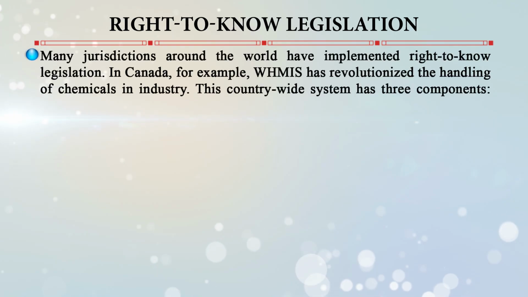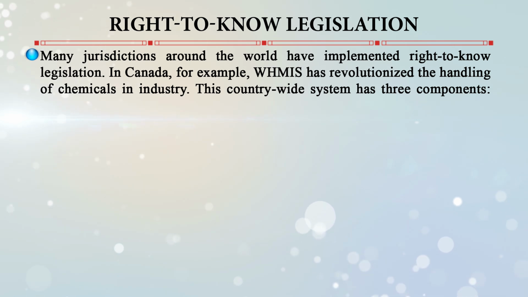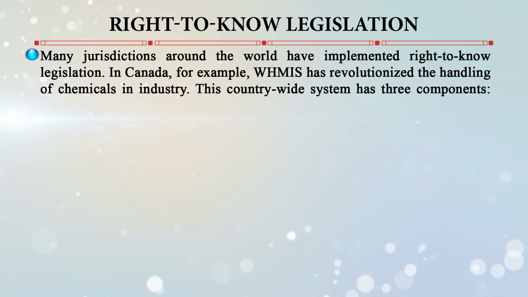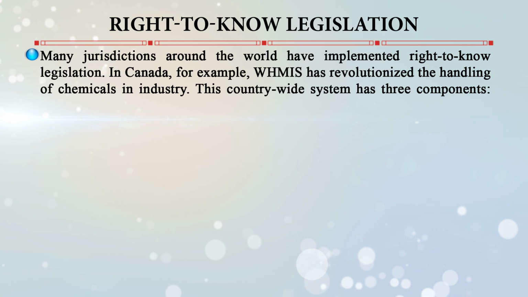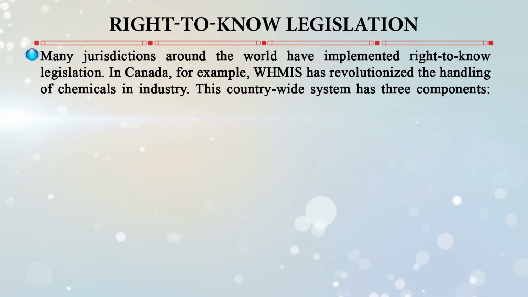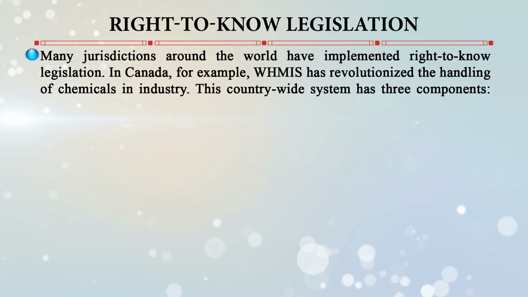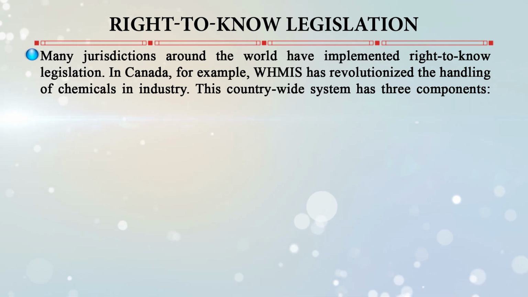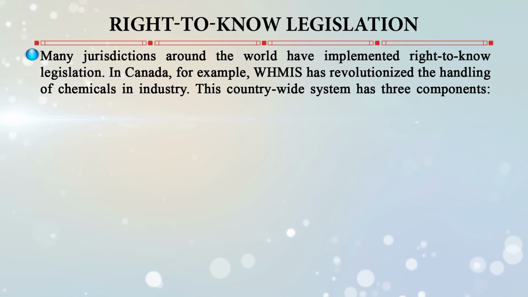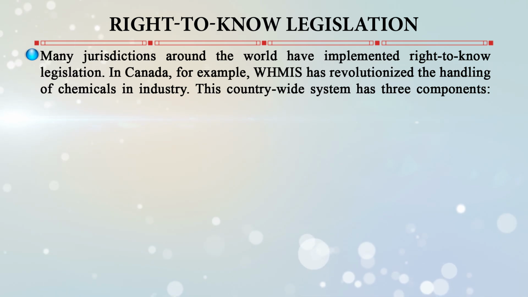And another important aspect is right to know legislation. Many jurisdictions around the world have implemented right to know legislation. In Canada, for example, WHMIS, the Workplace Hazardous Materials Information System, has revolutionized the handling of chemicals in industry. This country-wide system has three components.